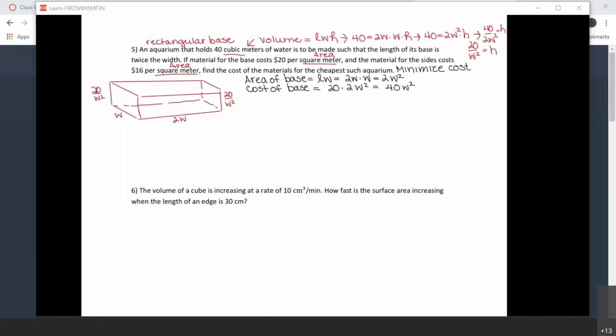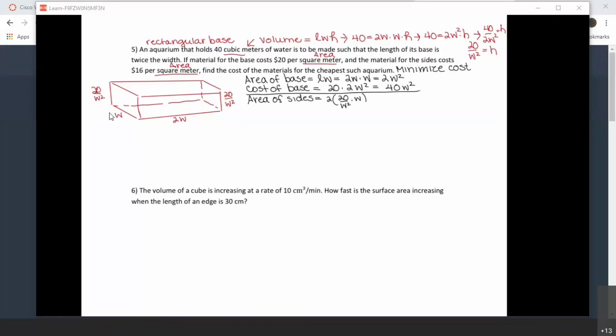So let me put a line under here: area of sides. There's two sides, 2 times 20 over W squared times W. That's this side here and that side in the back, front and the back. There's two of those.